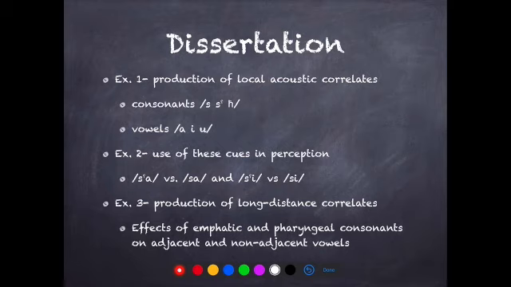The third experiment was a production experiment looking at how the emphatic and pharyngeal consonants affected adjacent and non-adjacent vowels, for example, whether the acoustic correlates found in experiment 1 were found on non-adjacent vowels.